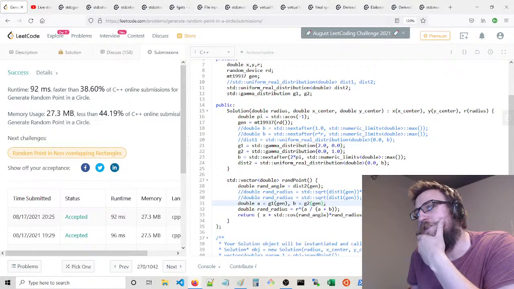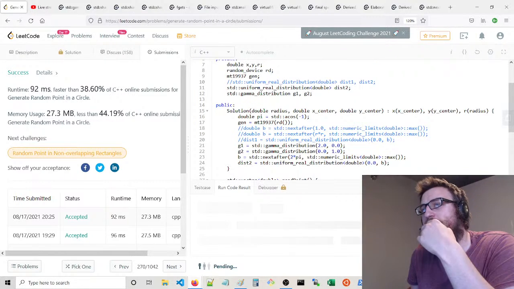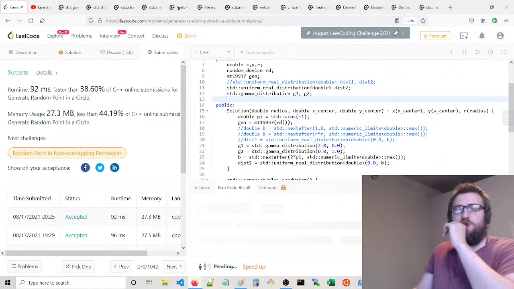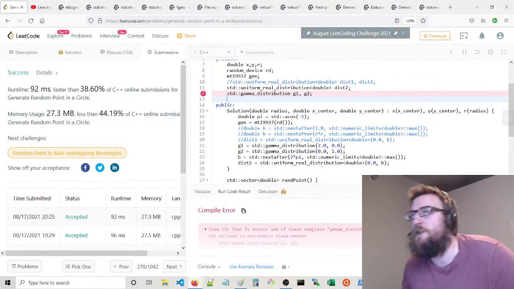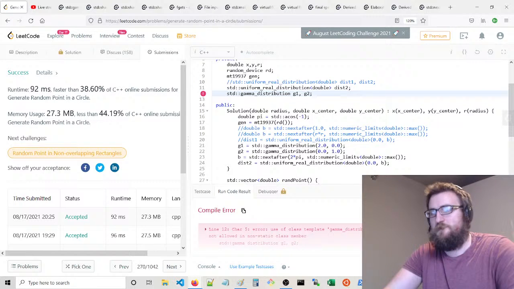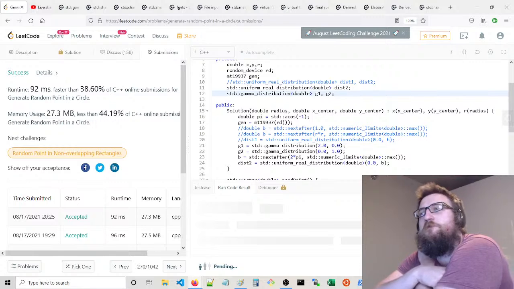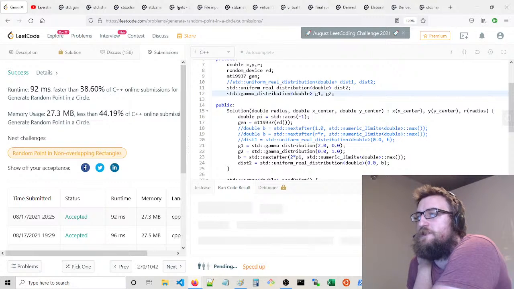Let's see what happens if we do this. Does this compile? Let's start with that. Does this compile? Did I get the math right? Compiler. Okay. Oh, it's going to be a double. And these are doubles also.